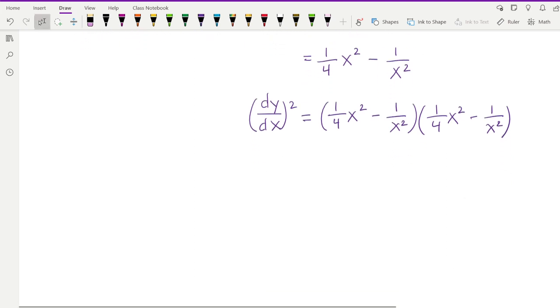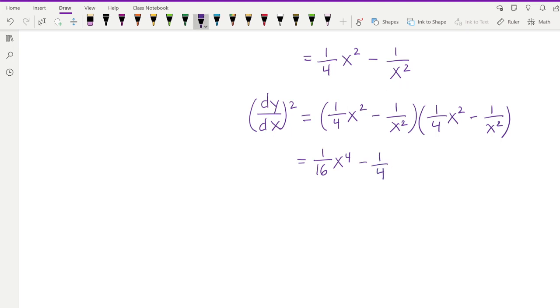Okay, so what happens when we multiply these together? Well, we do the first two terms, and that's 1 over 16 times x to the 4th. And then the middle terms are nice because the x squareds cancel out, right? So if we do 1/4 x squared times minus 1 over x squared, that's going to just give you minus 1/4.